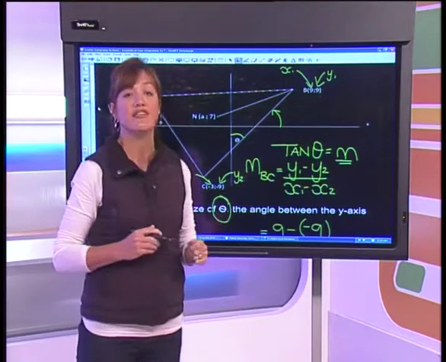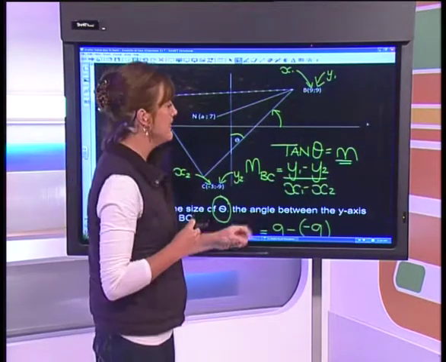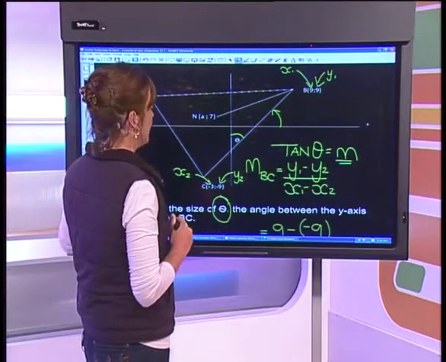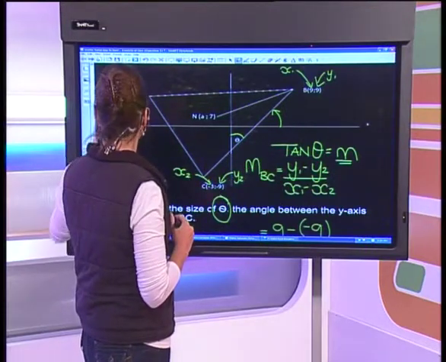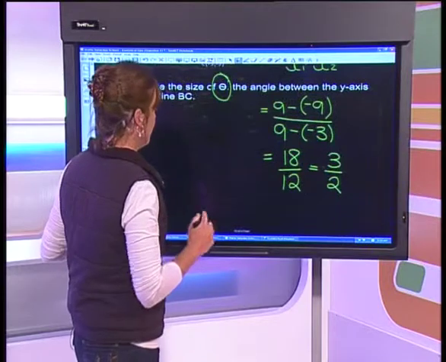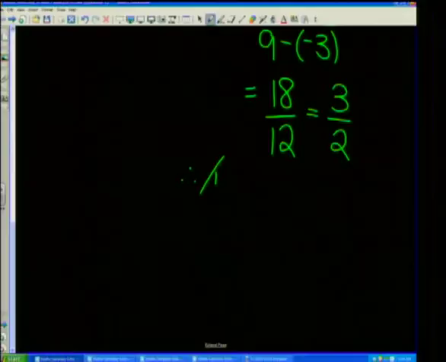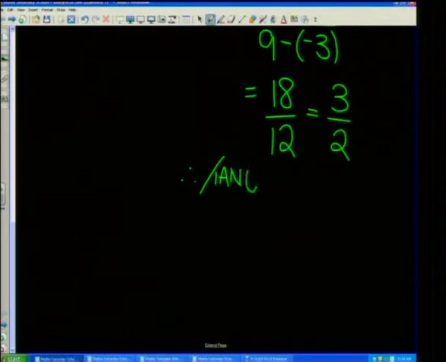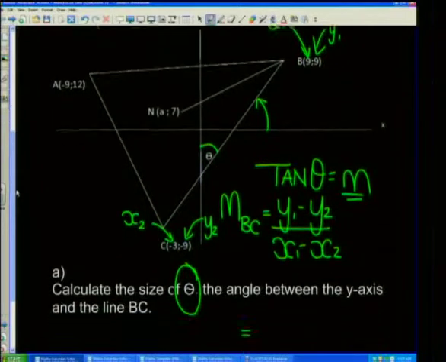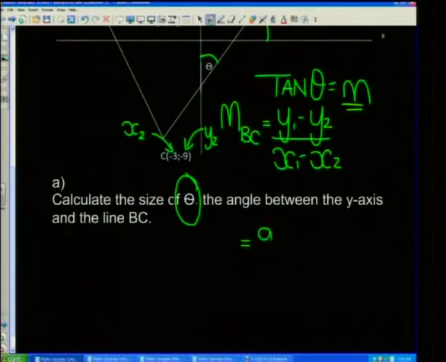So now into our formula we need to substitute the gradient of 3 over 2. Okay, so we're going to say tan theta is now equal to 3 over 2, where y1 is 9, minus y2, which is -9.